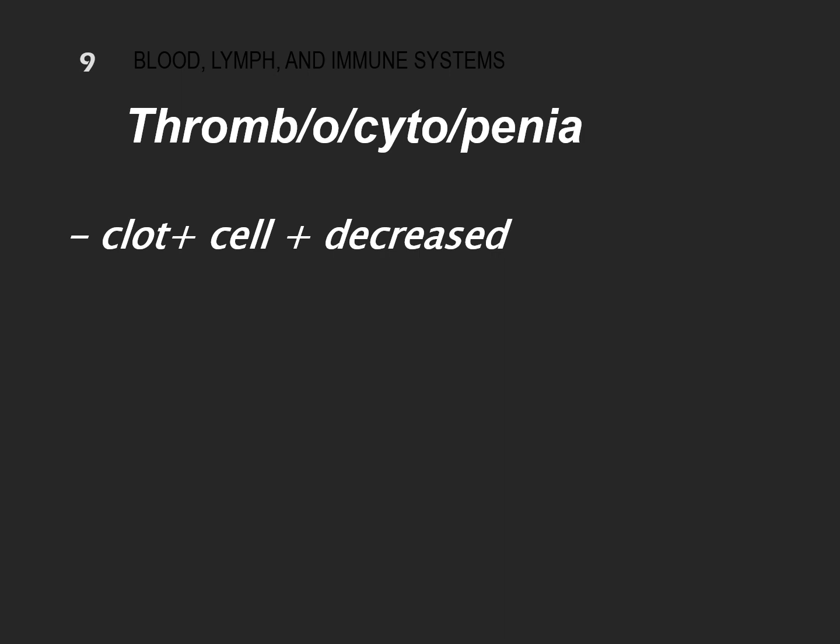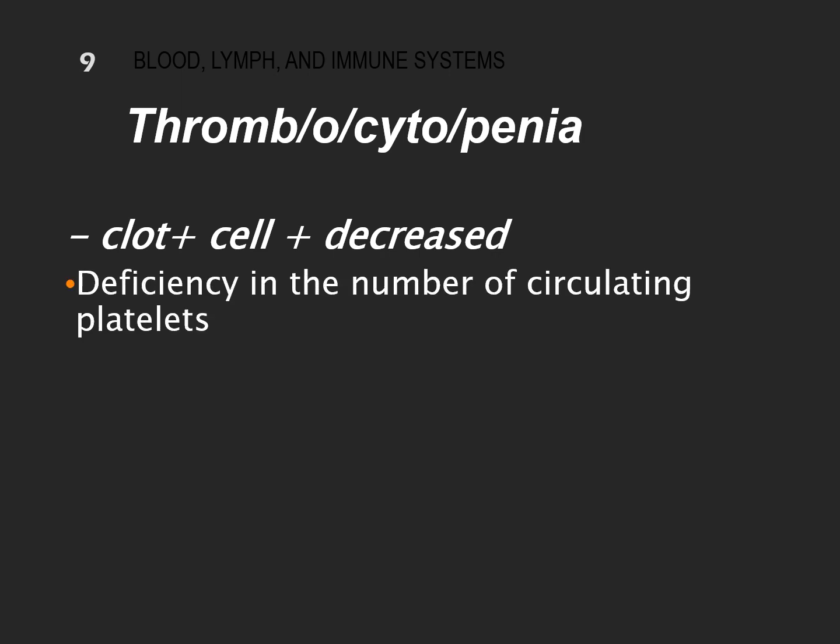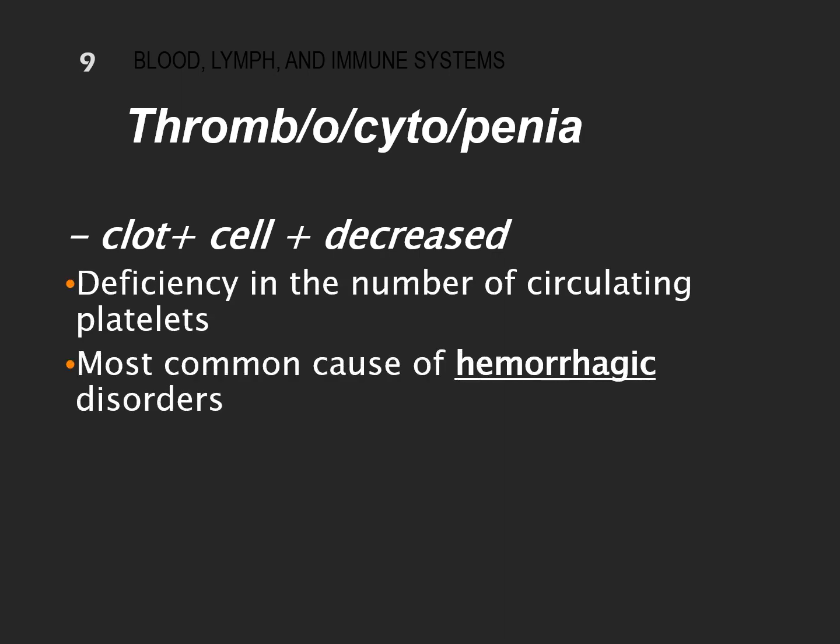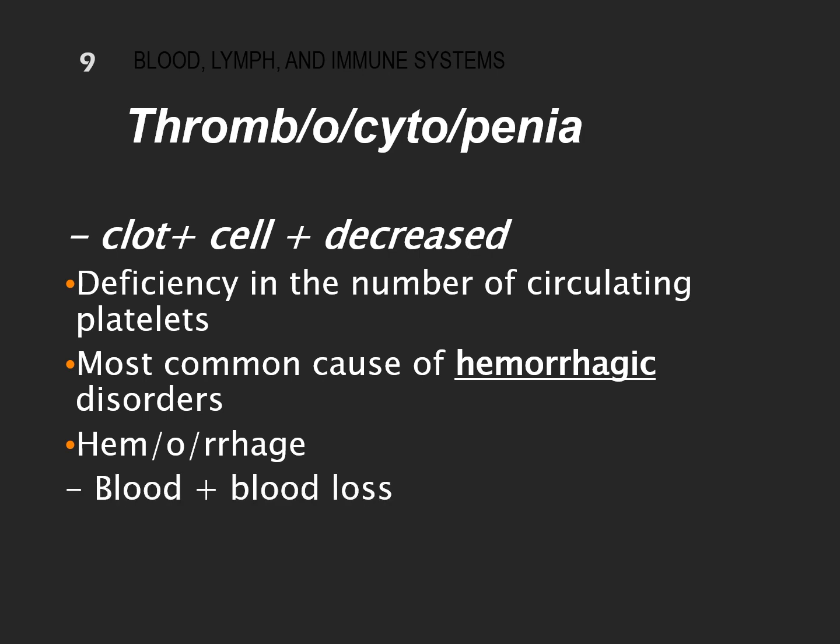Basically a decrease in platelets. And this is the most common hemorrhagic disorder. If we break down hemorrhagic, it means hemo, blood, rage is bursting forth of blood. So there's a lot of blood loss for someone who has thrombocytopenia.